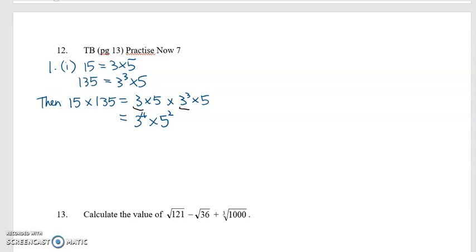Okay, now they want us to explain why this, which is equal to this, is a perfect square. Why is this a perfect square? So we have to go back and think about our definition of perfect squares.